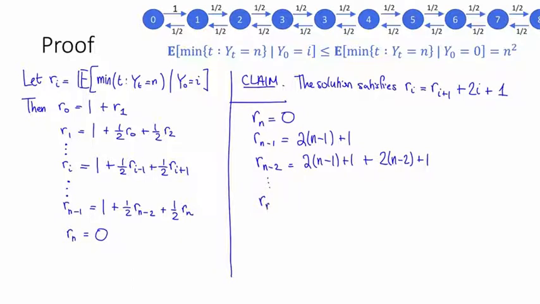And in general, r sub (n minus i) is going to be equal to the sum from j equals 1 to i of 2(n minus j) plus 1.